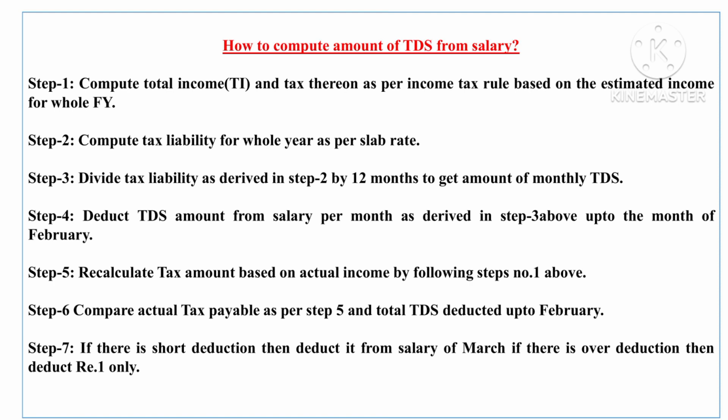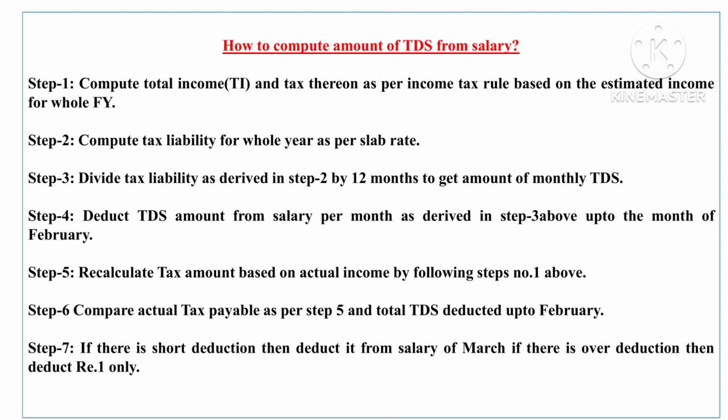How to compute the amount of TDS from salary. Step 1. Compute total income and tax thereon as per income tax rules based on the estimated income for the whole financial year. Step 2. Compute tax liability for the whole year as per slab rate.